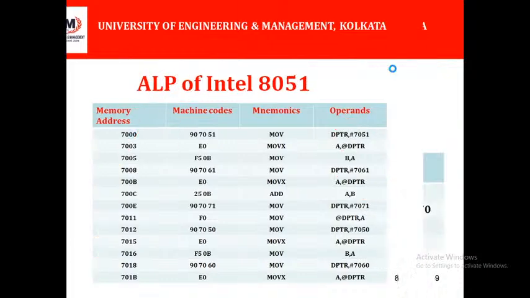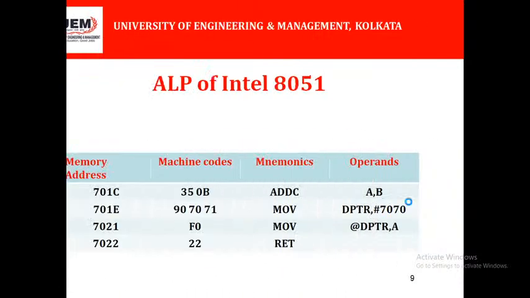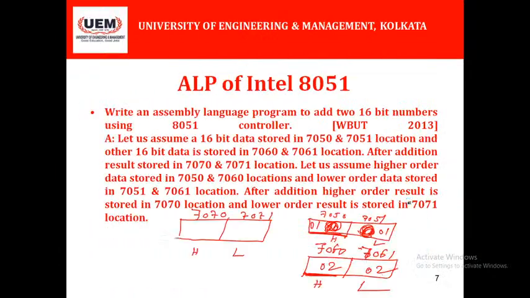In this way you are observing that 01 and 02 are added, the result is 03, and 03 is going to be stored in the 7071 location. So now 7071 is filled up with 03.